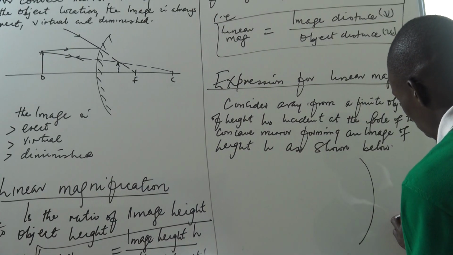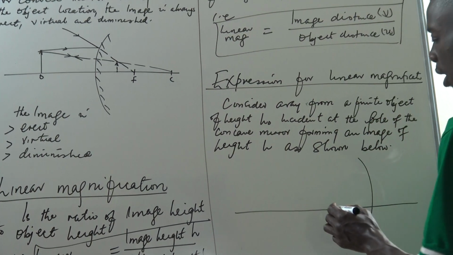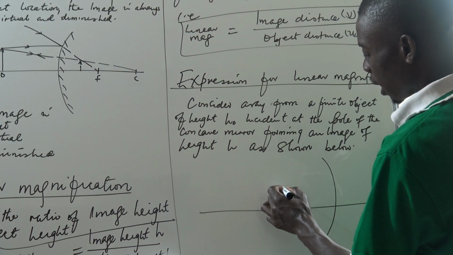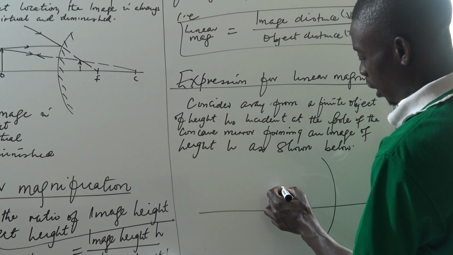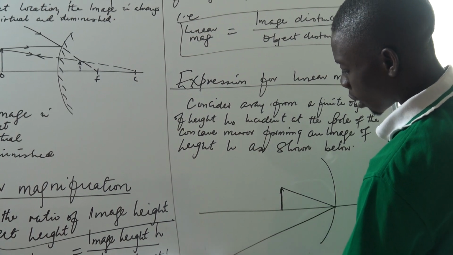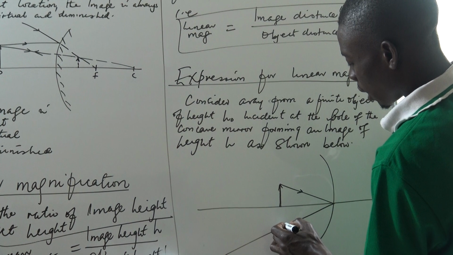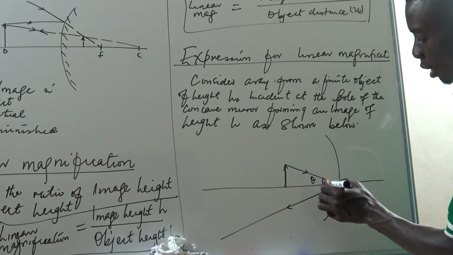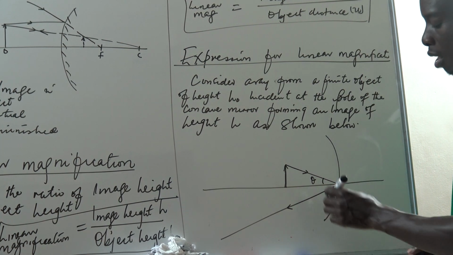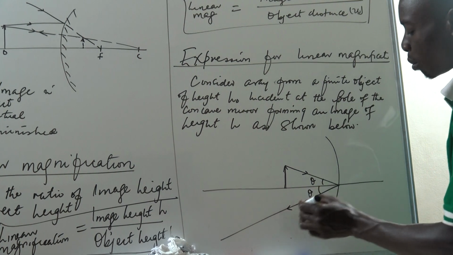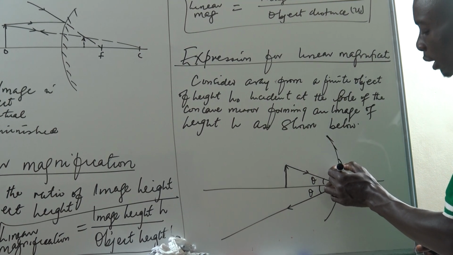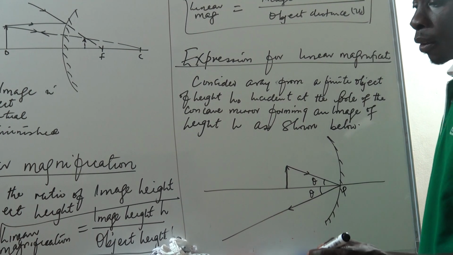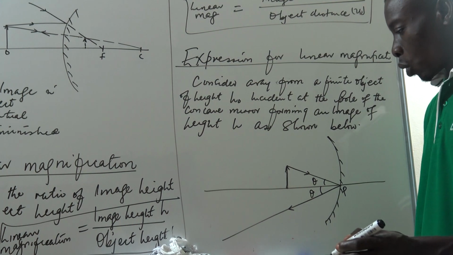If at all I have my object here, and then I have the ray diagram, this is reflected there, and we said this angle here will also be equivalent to that angle there, which is theta.